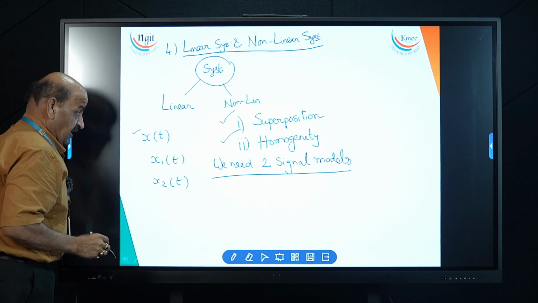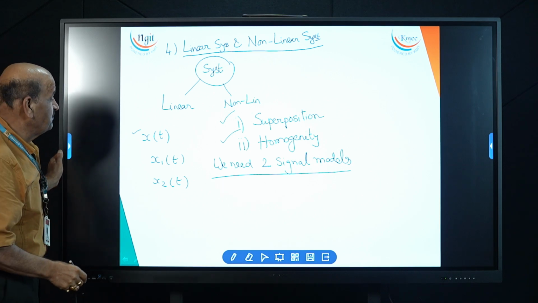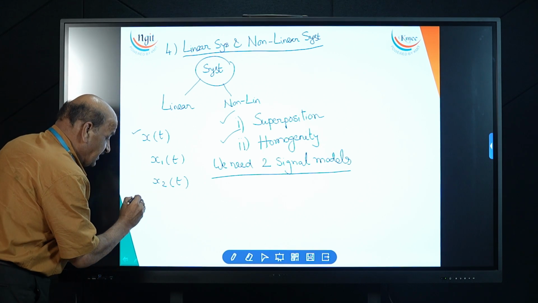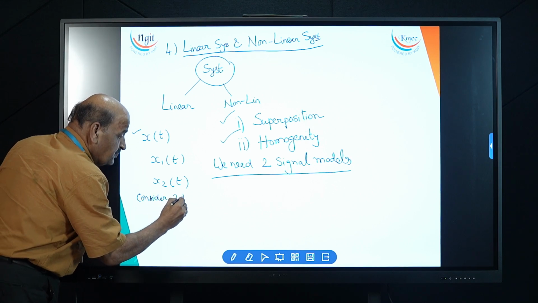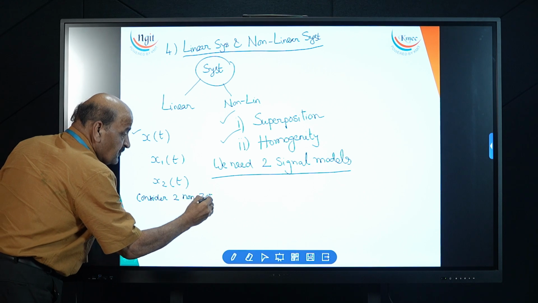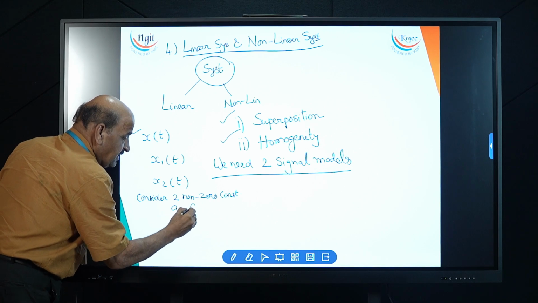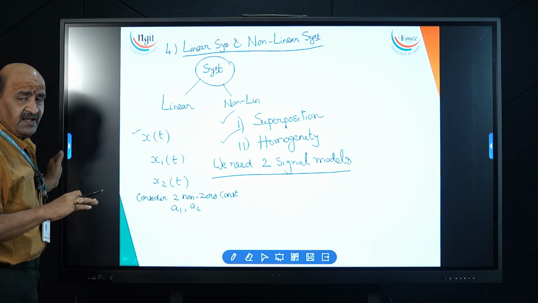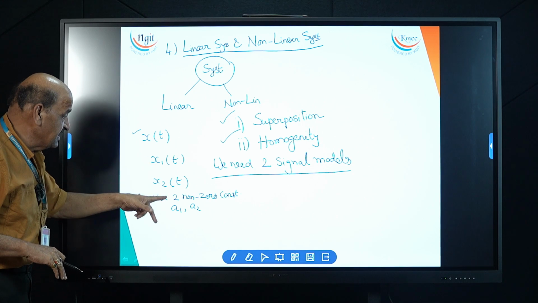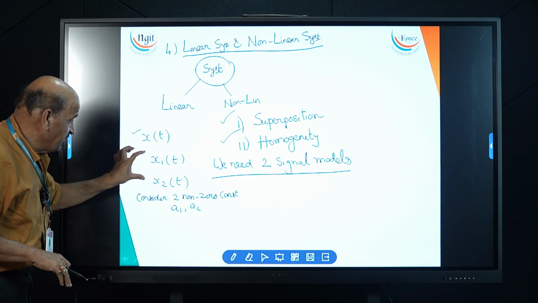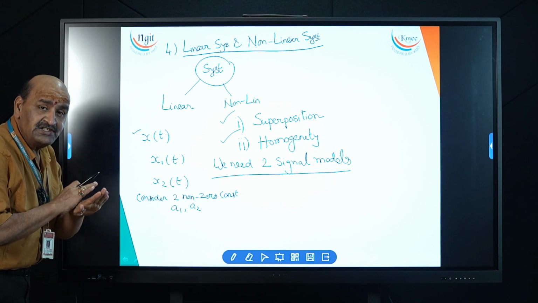Let us consider two non-zero constants, a1 and a2. They cannot be zero, any number other than 0, because we are assuming two different signals. So for each signal, we take one constant. These two constants are non-zero values.